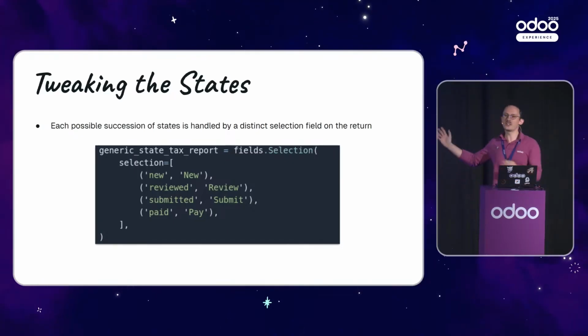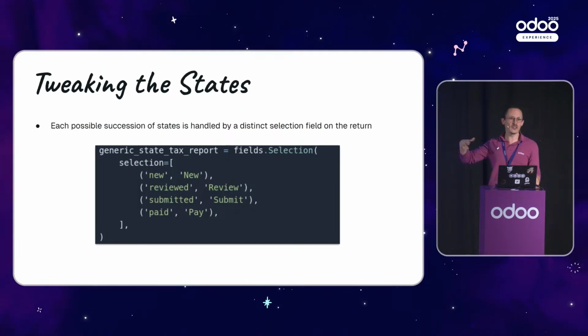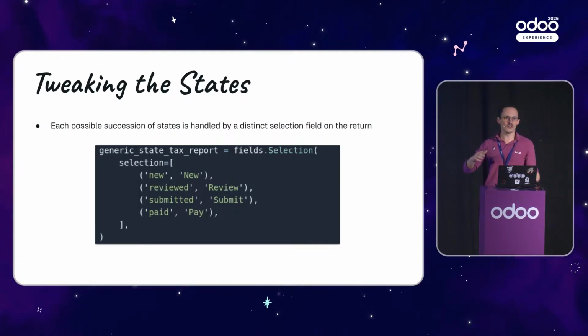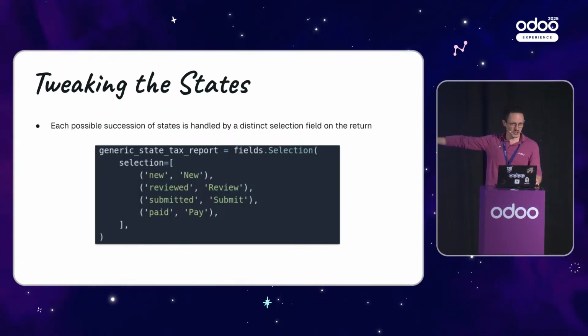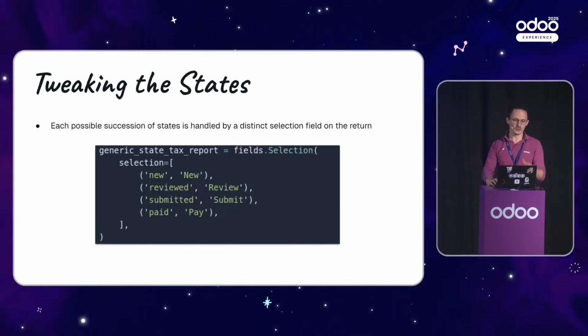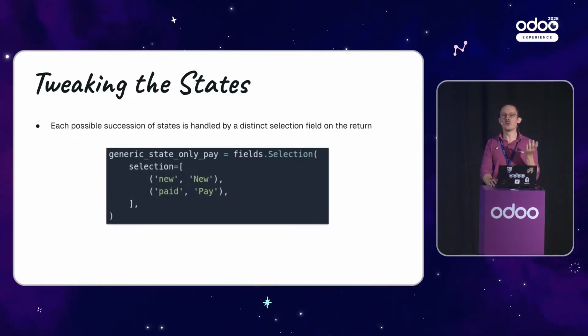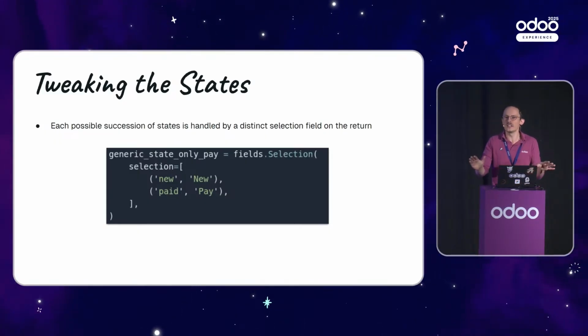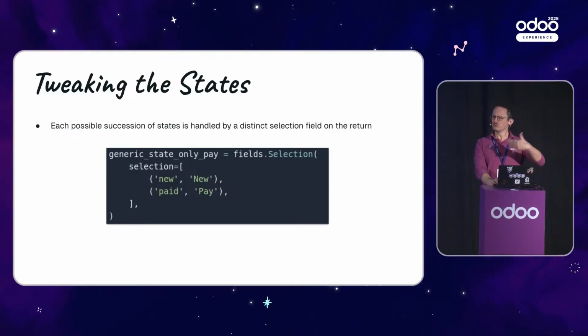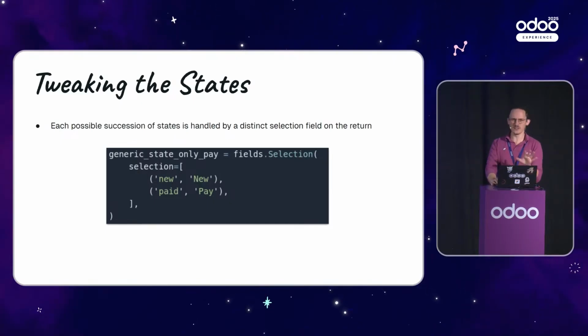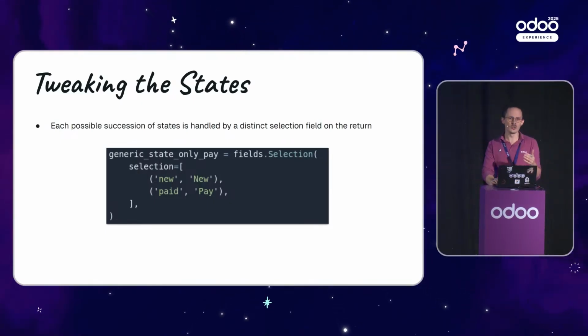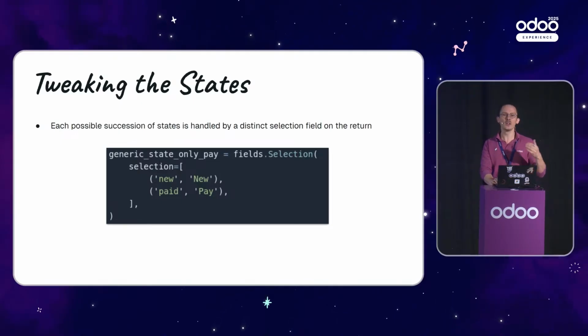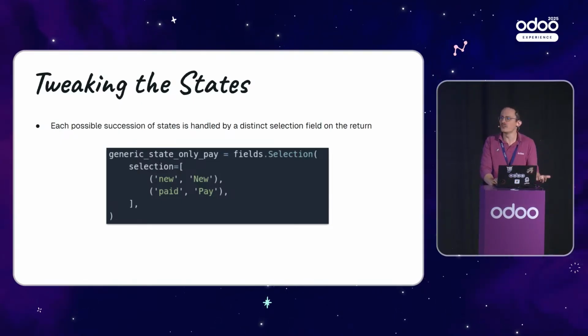This is the field we use for the generic states of all the tax reports. By default, this is what we are using for all the tax reports. To give you another example with fewer states, here's one that has only two: the new state, where nothing is done, and paid, where everything is over. So we need to define selection fields. Fine, it's easy. But how do we tell Odoo that those selection fields correspond to the declaration of a flow for the returns?